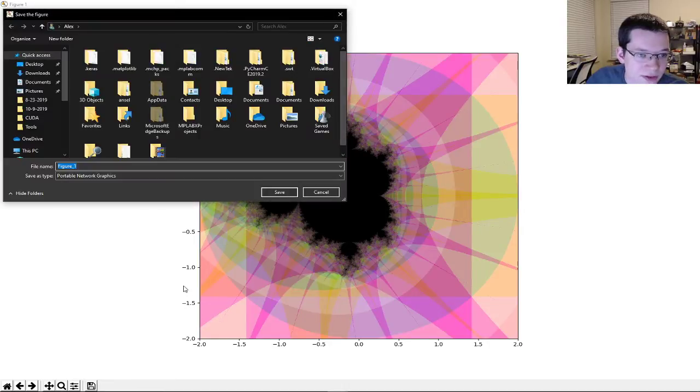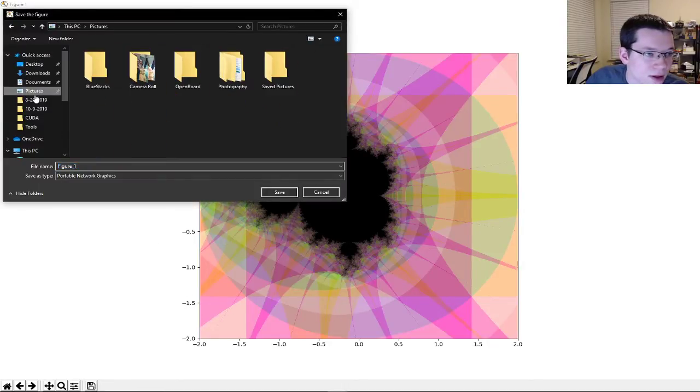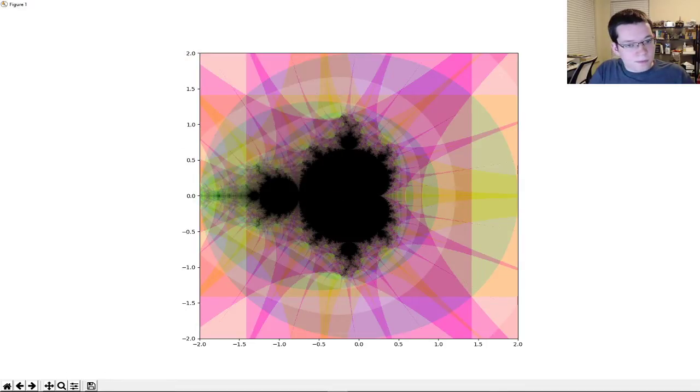We're going to save that. Mandelbrot. Real, imaginary, magnitude. Cool.